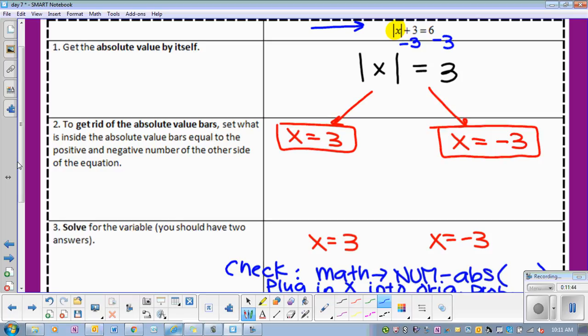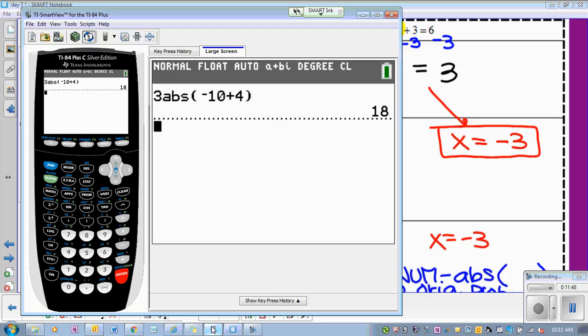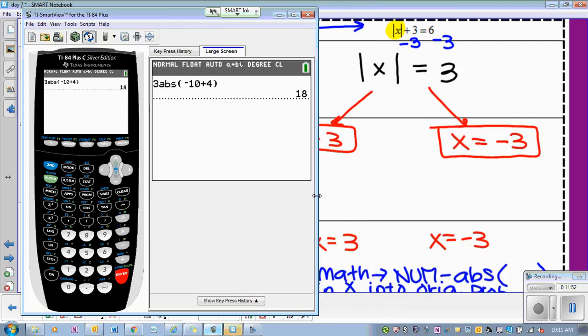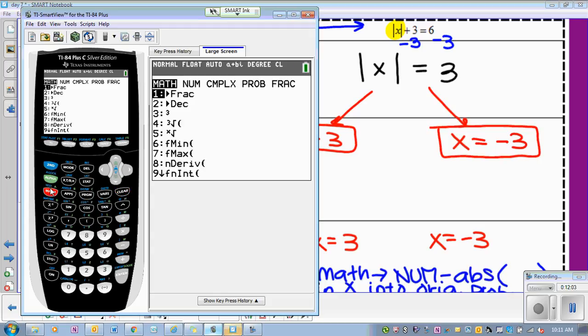Okay? So let's try it. I'm going to go in my calculator. See how x equals 3? So what I'm going to do is go to my original problem. It says absolute value of x, right? Go to math, tab over to number, and hit enter.